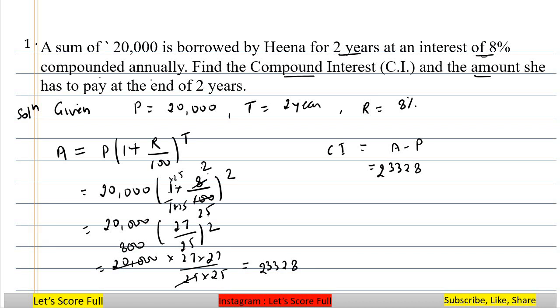So amount is 23328 and principal is 20,000. So the interest is 3328. Correct? So this is the compound interest after 2 years, which Hina has to pay this much interest, and this is the amount, means interest plus principal. Clear? Let's see the next question.